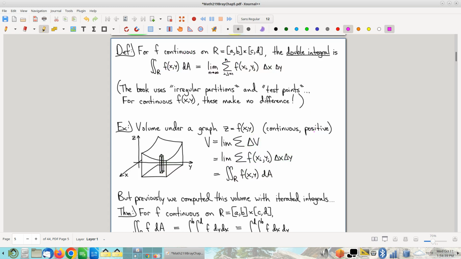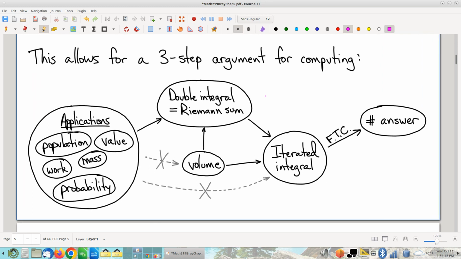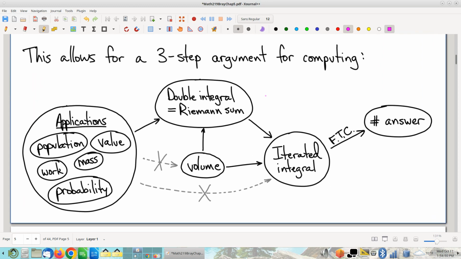But while we are here talking about volume, I want to point out something really useful, and that is I want to come down here and look at this diagram. I think it's really helpful to draw the various objects of interest that we're playing with in this discussion and how they are connected in what ways.